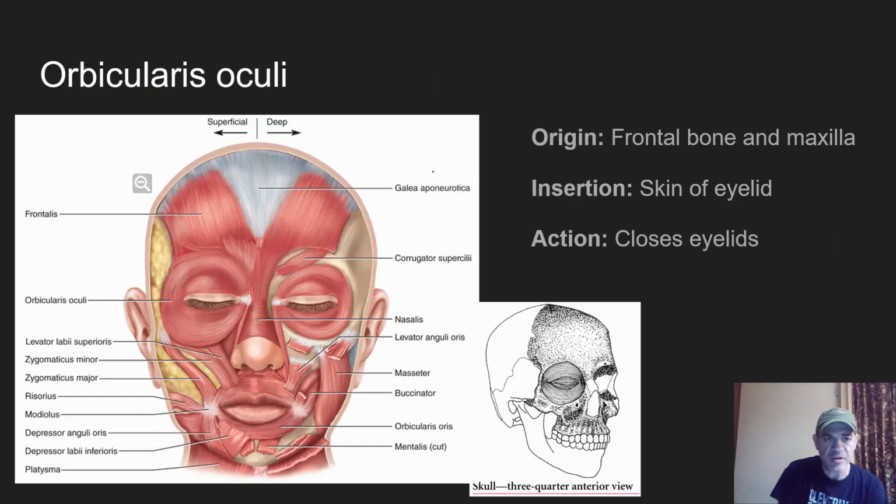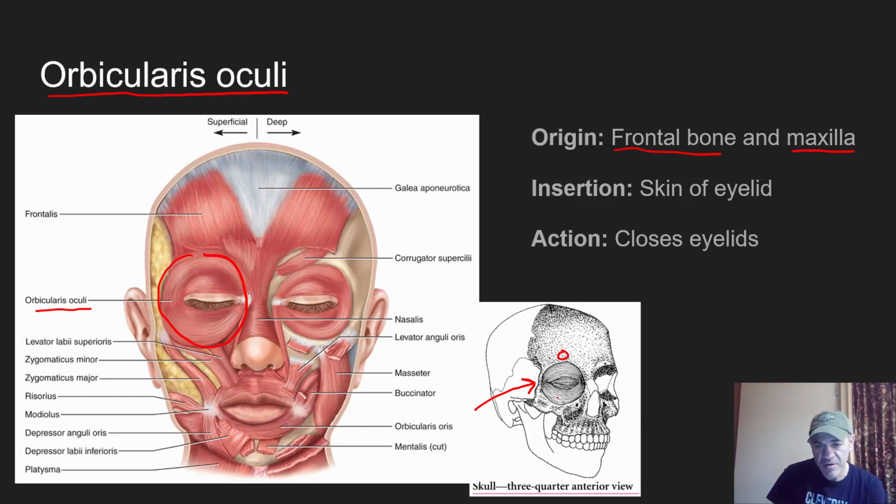The next muscle is a circular muscle around the eye region, and we'll call it the Orbicularis oculi. Orbicularis means circular, and oculi is related to the eye. So we have one around each eye, and it's this circular muscle overall right here. And if we look at it in isolation, over here on the black and white drawing, you can see that the origin is the bones of the face and the cranium, including the frontal bone, and the facial bone, the maxilla.